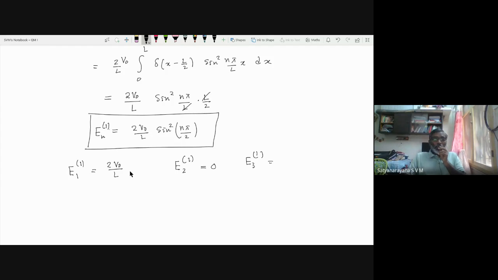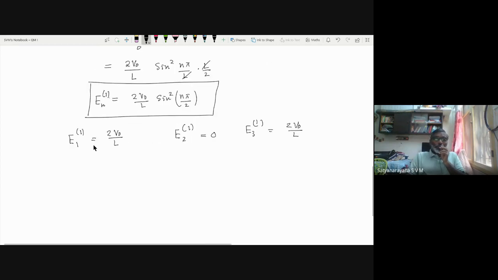Sine 3 pi by 2 is minus 1, but sine square is there, so it will be 2v naught by L. So you can see that En1, the first order correction in the energy, will be equal to 2v naught by L for n equal to 1, 3, 5, etc., all odd quantum numbers, and 0 for n equal to 2, 4, 6, etc., all even integers.